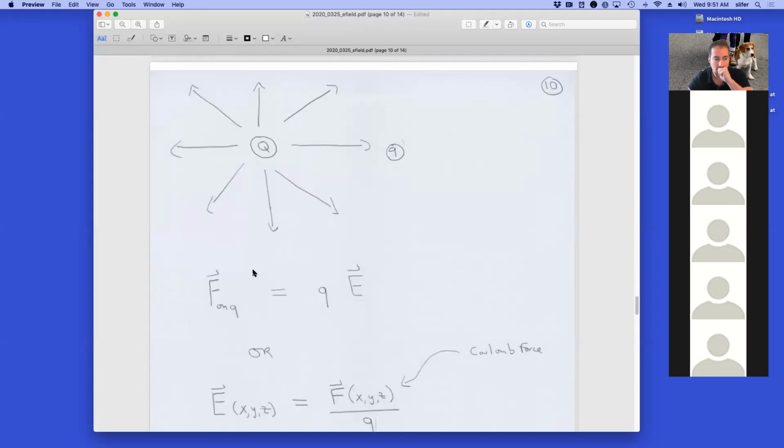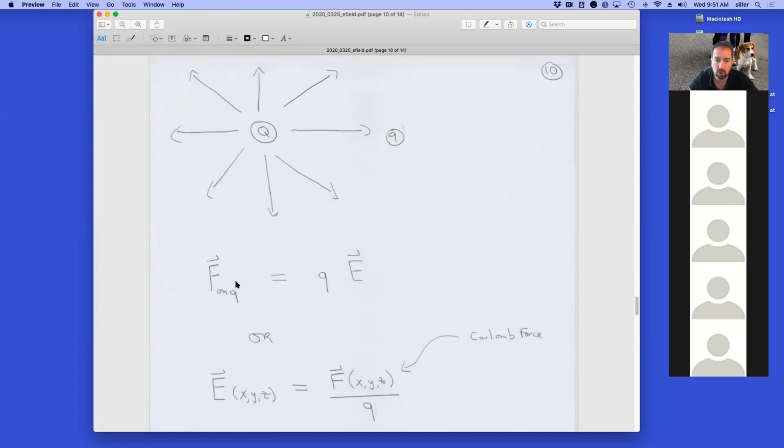Well, I'll give you the definition here: we start with Coulomb's law for the force, and the electric field is defined in terms of that electric force, except what we normalize out, we divide out, is this small q.